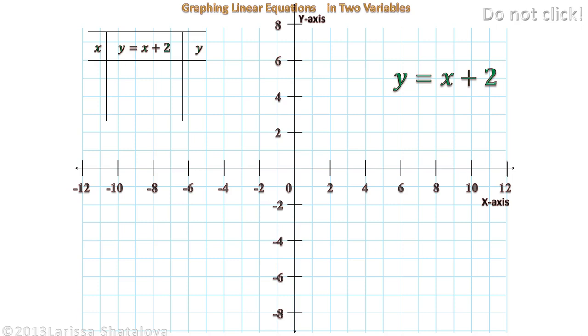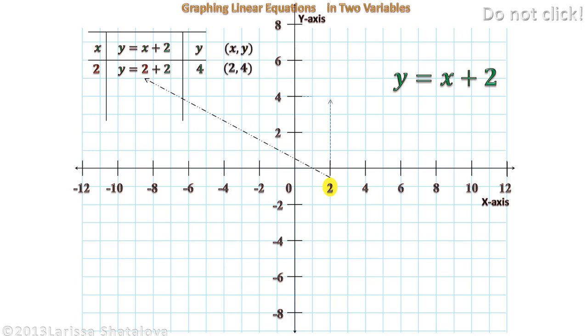And then you have to pick any value for x, whatever you wish, from those available on your rectangular coordinate system. I pick 2, and then you have to calculate how much would be y if x is 2. 2 and 2 is just 4. So now you have the first point with coordinates 2, 4.